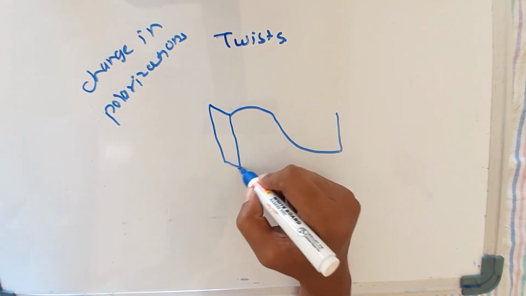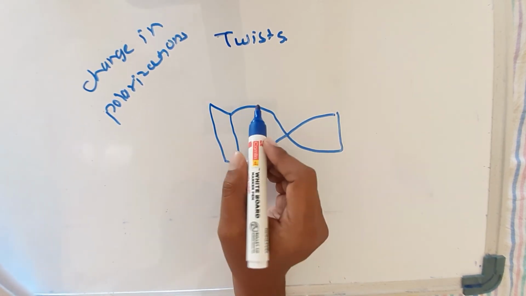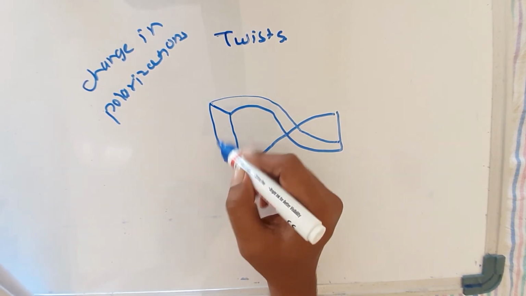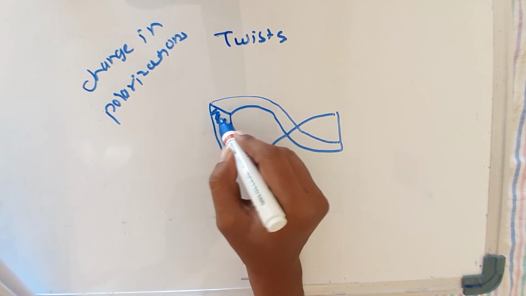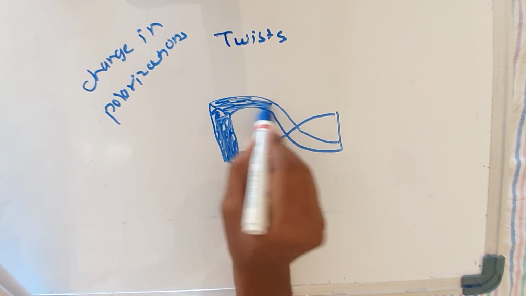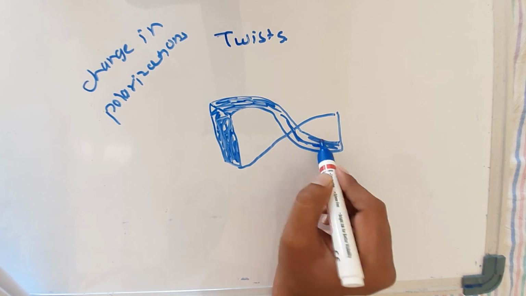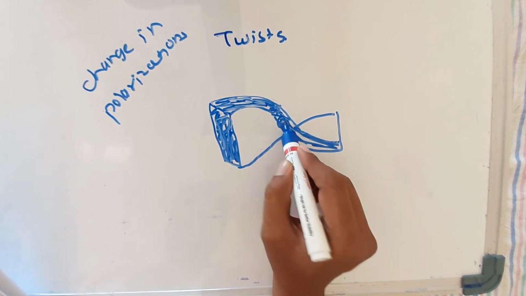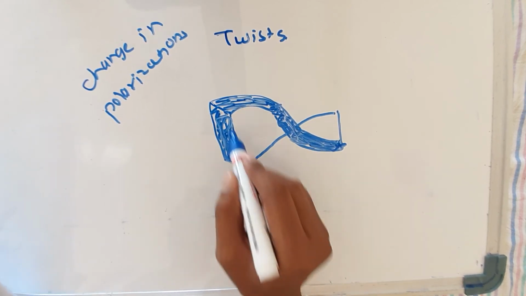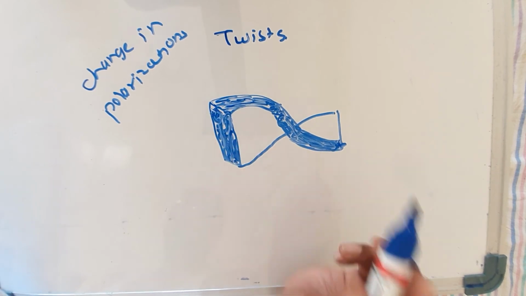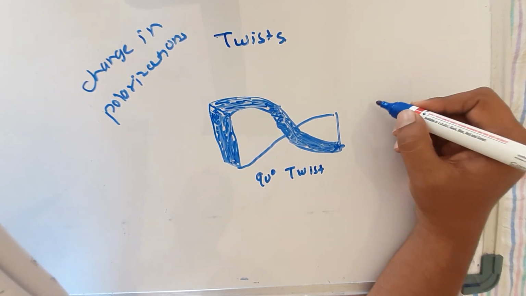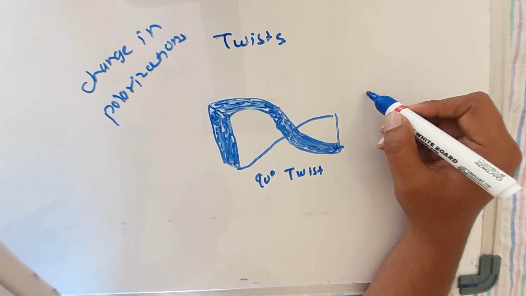The structure is also a twist. So this is a 90-degree twist. Now I will draw a 45-degree twist.